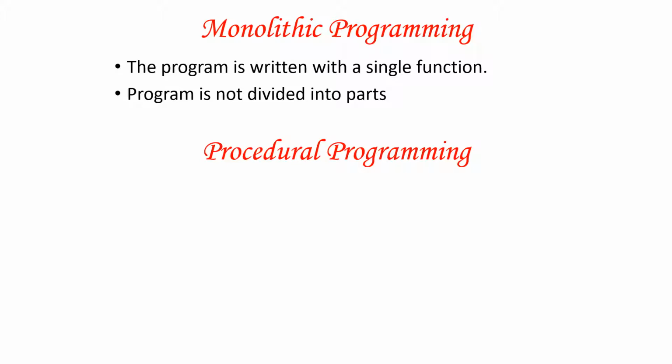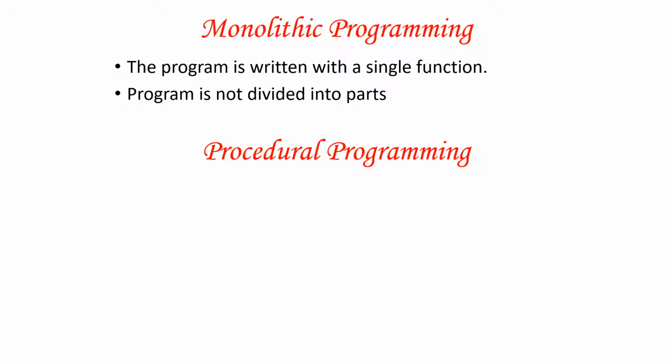The next method we call procedural programming. As we see from the name procedure, in this methodology the given task is divided into several smaller tasks, and each task is implemented by using a concept called procedure or function.